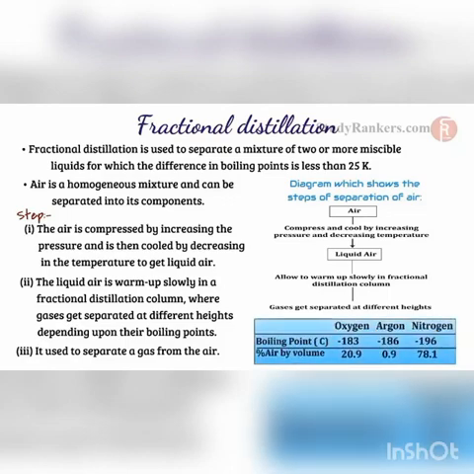This process is used to separate a gas from the air. In the table, we can see the boiling points of oxygen, argon and nitrogen gas, and also the percentage by volume of these gases in the atmosphere.